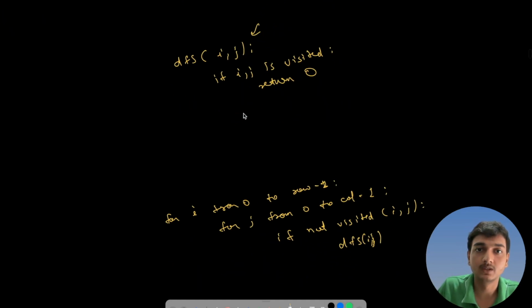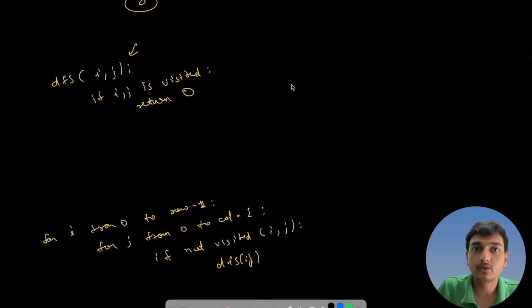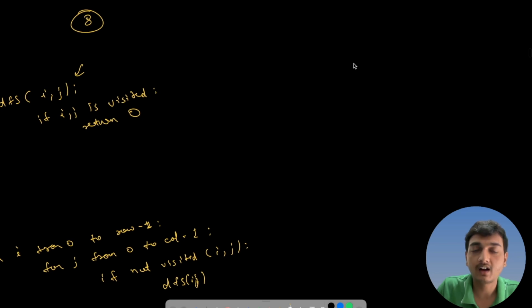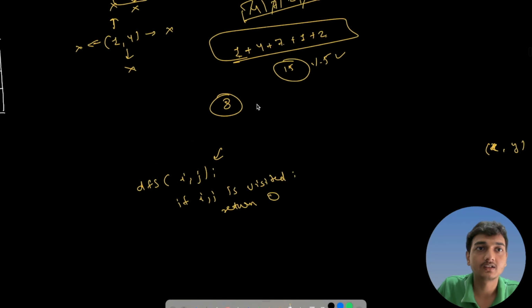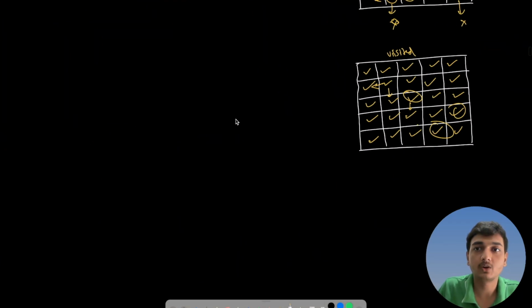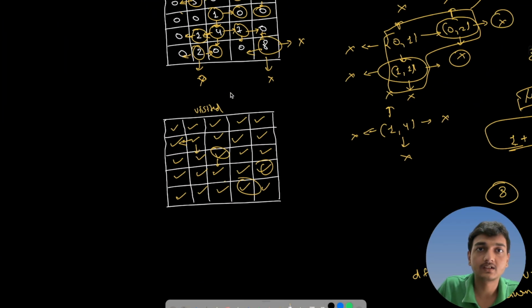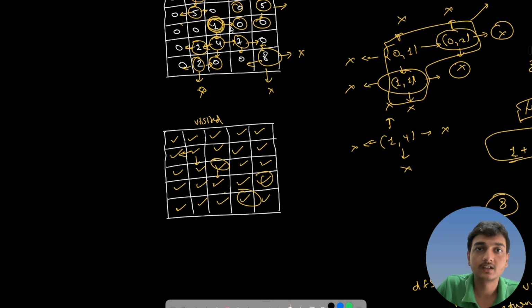Otherwise, what I need to do? I need to explore 4 directions, right? To explore 4 directions, there is one trick that I want to teach you. Let's say you are at some node x comma y. If you carefully visualize it here, say you are in the middle on this node, x is 2 and y is also 2, 2 comma 2.